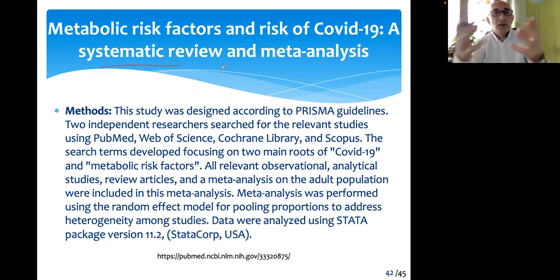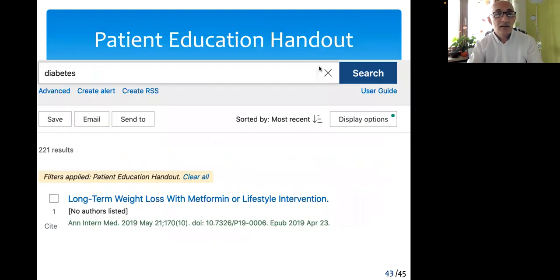So systematically, they collected all available evidence based on some keywords. They collected all the available evidence, and then they summarized this in new figures using the meta-analysis. So they did an analysis before they reported.